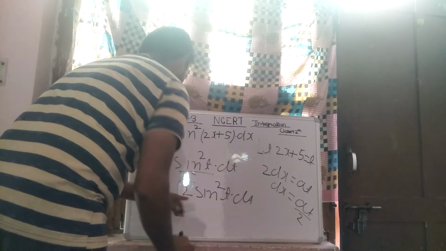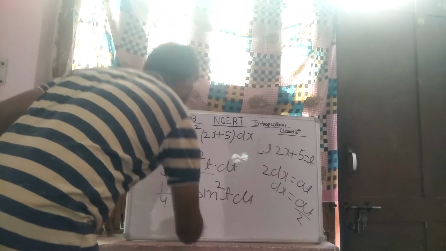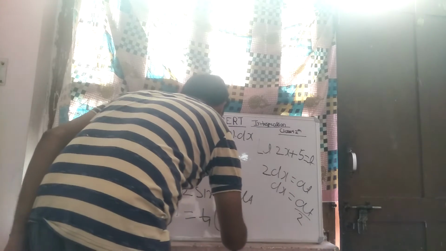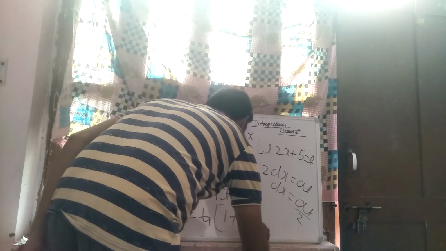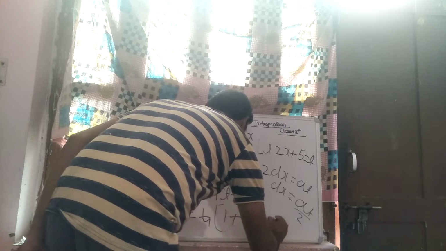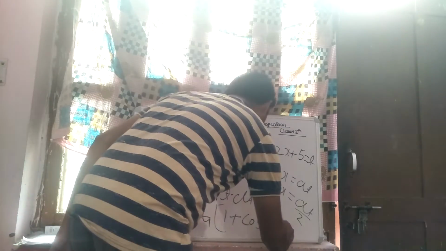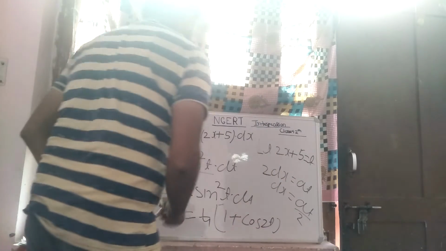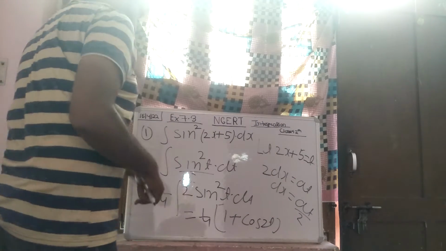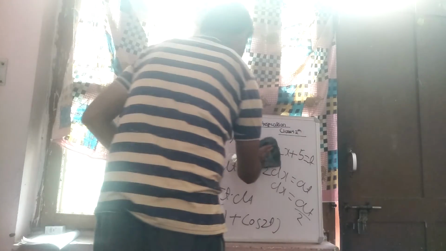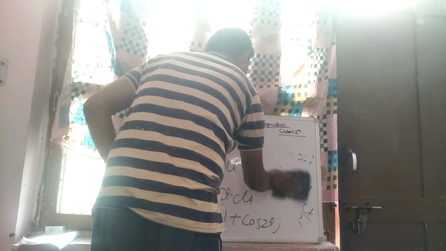The formula is 2 sin square t equals 1 minus cos 2t, so this is 1 upon 4 times (1 minus cos 2t), and we have to integrate it.